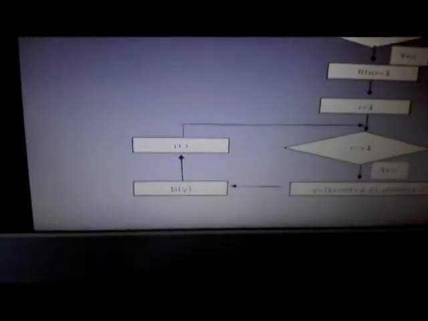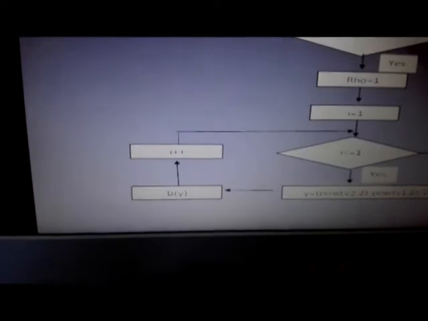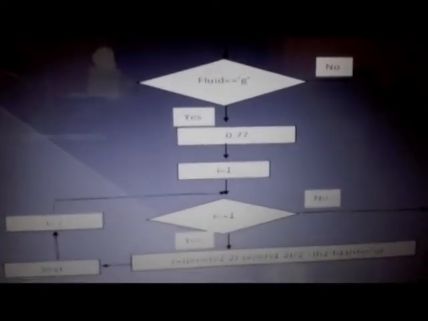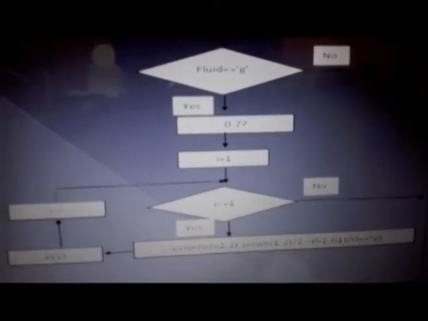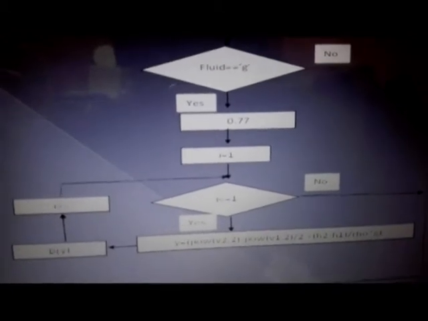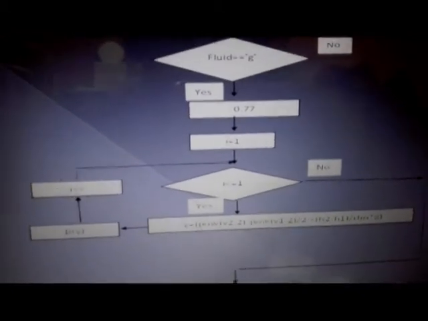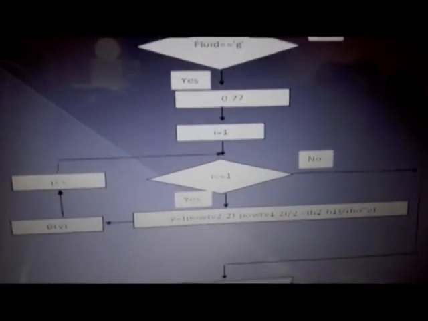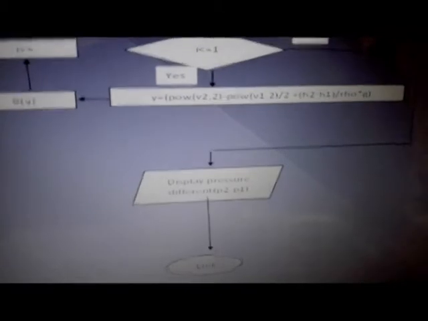Next it proceeds to display y, which is our pressure difference, and make the loop i plus plus. Here is the connector to continue to the next type of density. It will be the same process for every type of density.